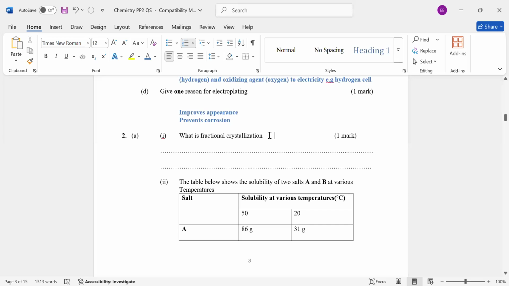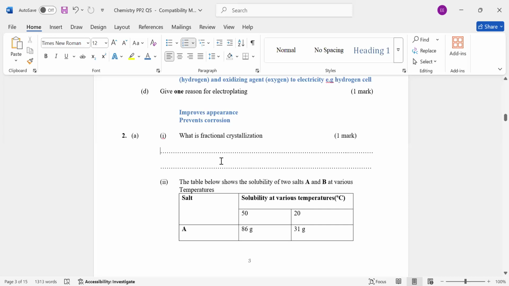Now, in fractional crystallization, this is where two salts are separated based on their difference in solubility in the same solvent. So you put them in the same solvent, and they have different solubilities in a given solvent. At a certain temperature, one will crystallize, then at a certain temperature, the other one will also crystallize.